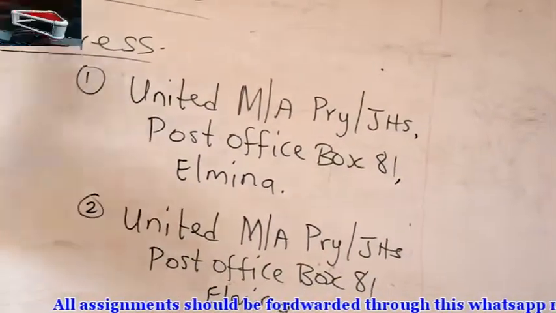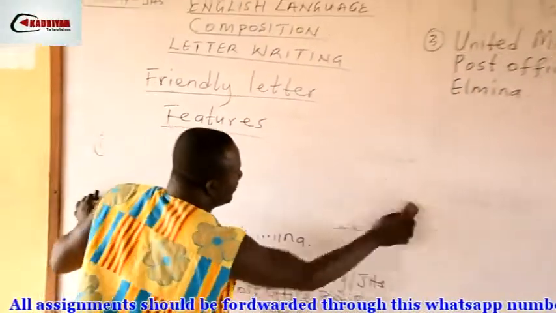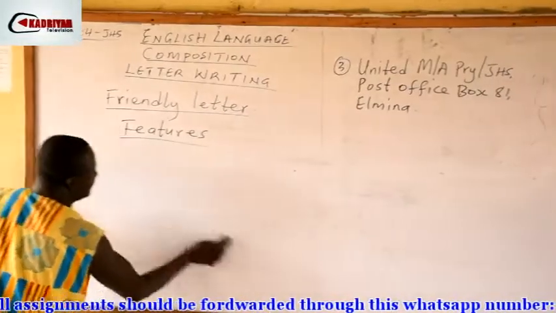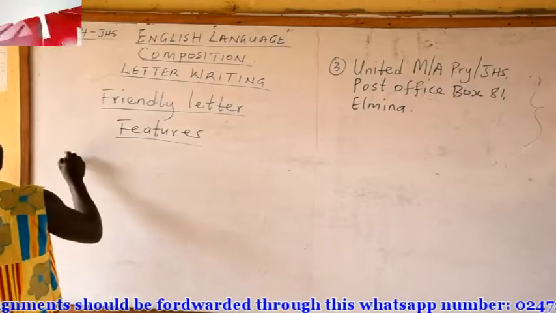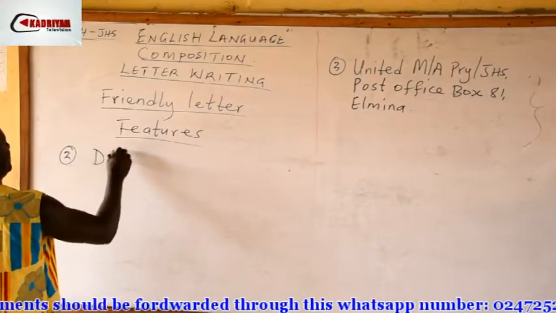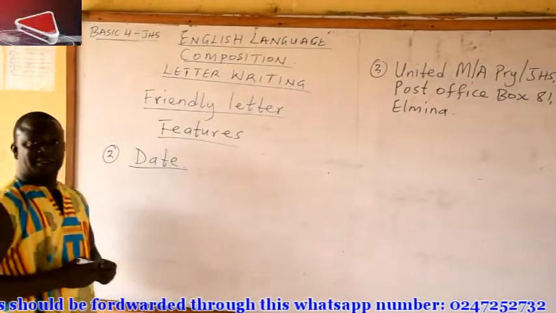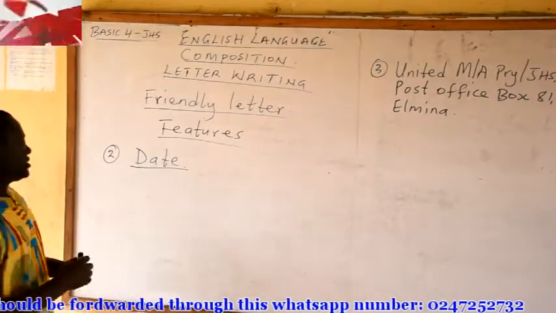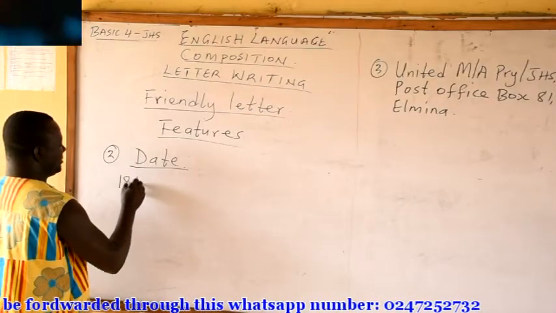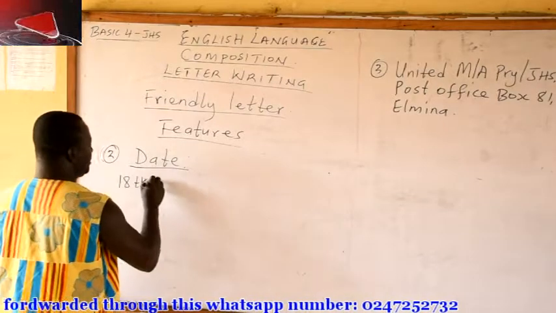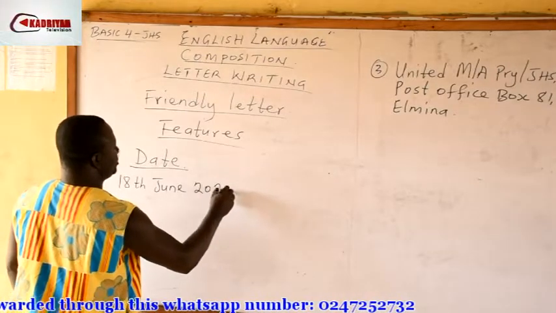Now let's move on to the next one, which is date. Number 2, or the second feature. The second feature is date. After writing your address, you write your date, which is, let's say, 18th June 2020.